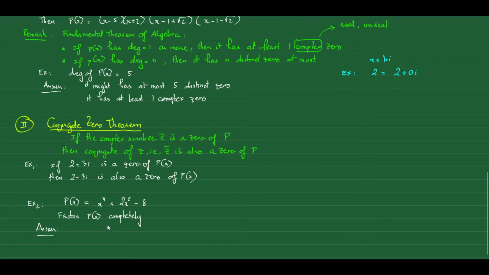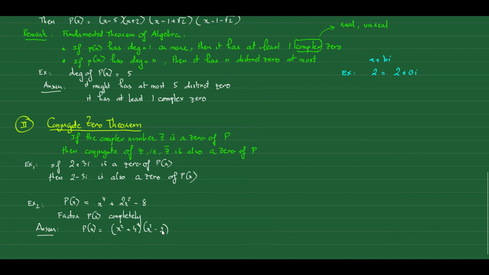So if you go ahead and factor using the very traditional way we learned in intermediate algebra, we see that the factors of 8 will be 4 and 2, so it will be x squared plus 4 and x squared minus 2.